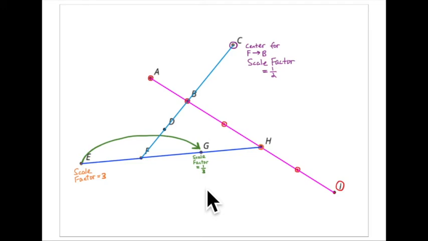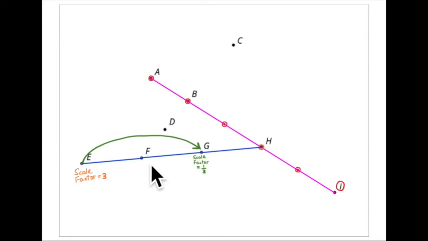Fourth one, dilate F so that its image is B. What point on the diagram can you use as the center? So dilate F so that its image is B. So you're going to move it in this direction, to make it smaller. So you're going to actually start at C. C is going to be the center of dilation. And so you're going to dilate F, you're going to make it smaller.